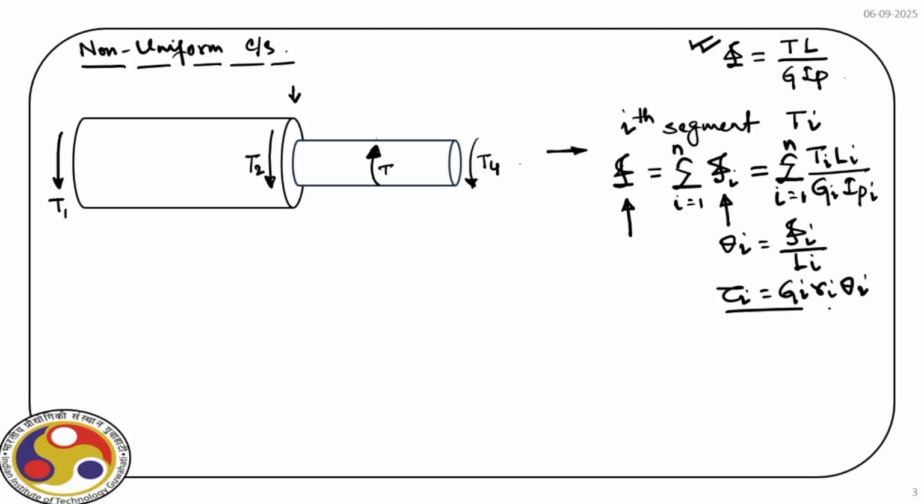So that is the effective value of stress and its distribution within the ith segment, right? So we can solve this problem. The reason is we have uniform cross sections over a particular segment, and we divide the complete length into different segments, and for each segment we can solve the problem and complete the exercise.